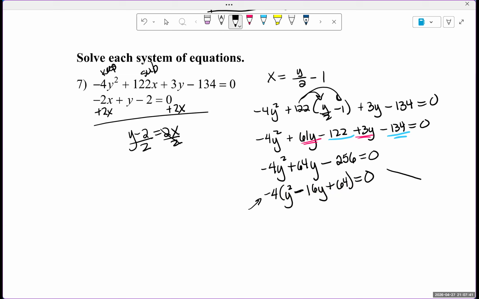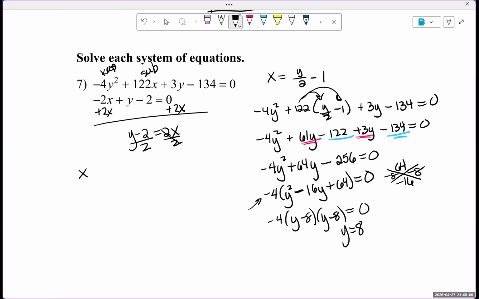So now we need two numbers that multiply to get 64 and add to get negative 16. So that's negative 8 and negative 8. Y minus 8 is equal to 0. So y is a double root and y equals 8.